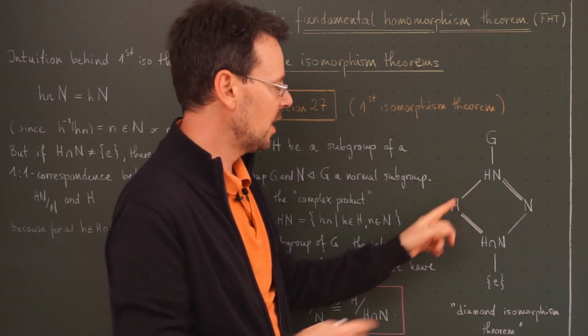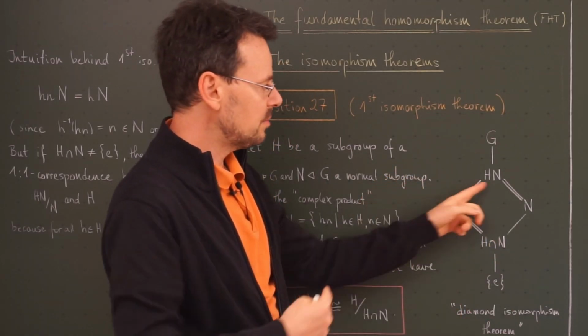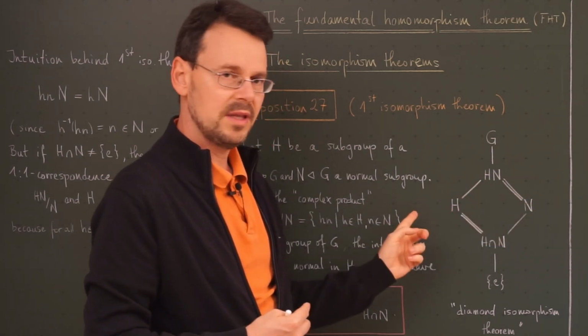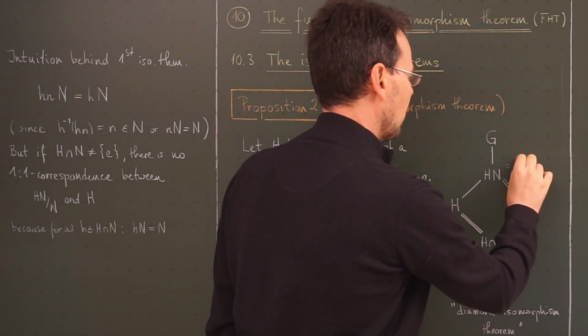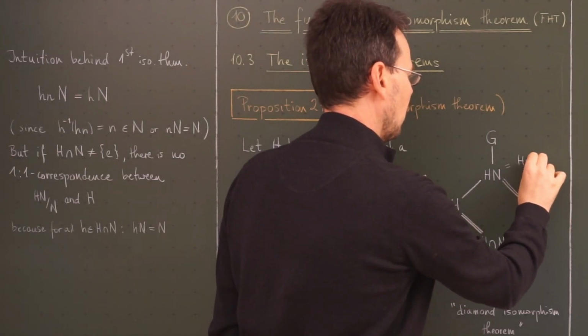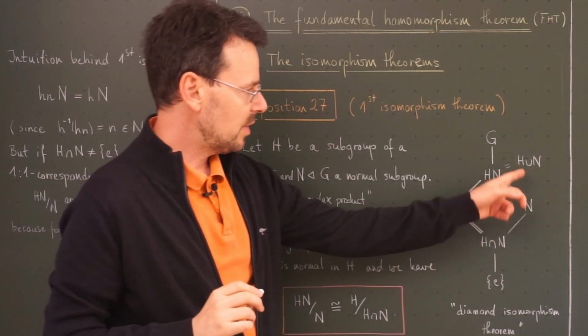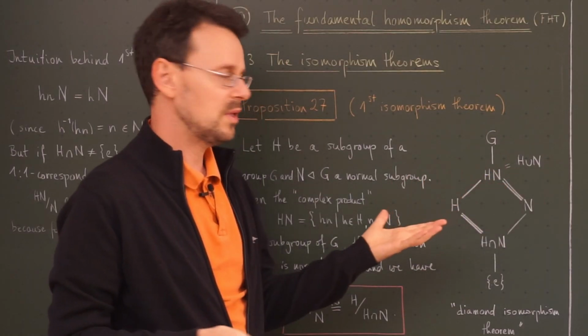subgroup of HN. Now, if two lines meet upwards, this means this is the smallest group that contains both of these groups. In general, as a set, I would have to take the union of H and N, but this of course need not be a group.